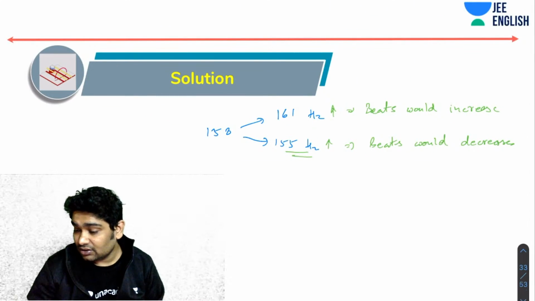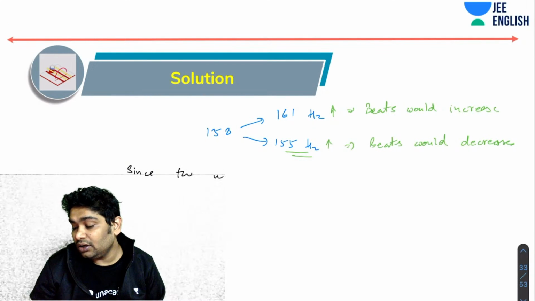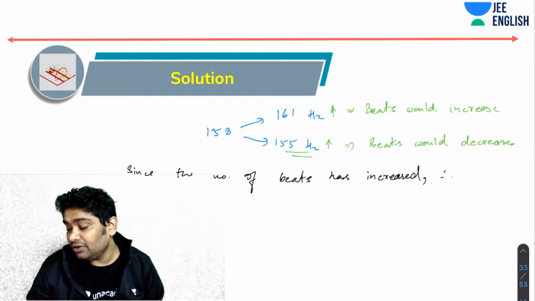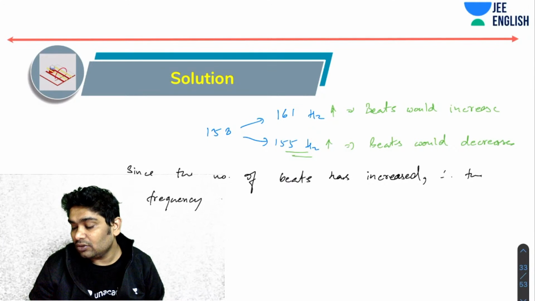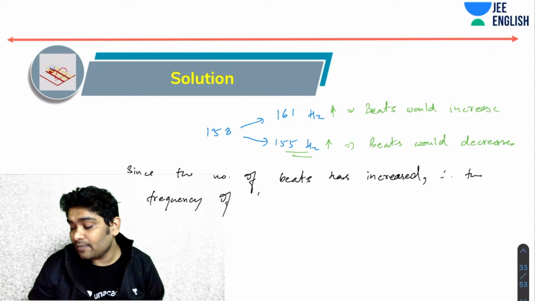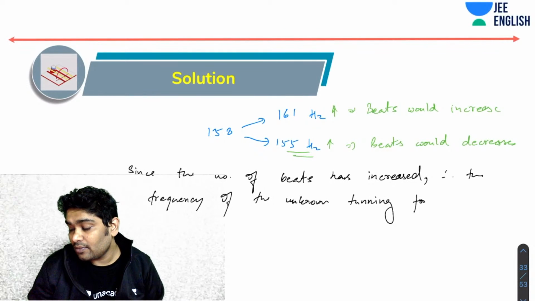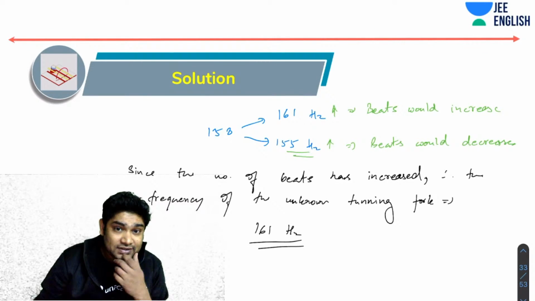Since the number of beats has increased, therefore the frequency of the unknown tuning fork is in fact 161. That is going to be your answer. Okay.